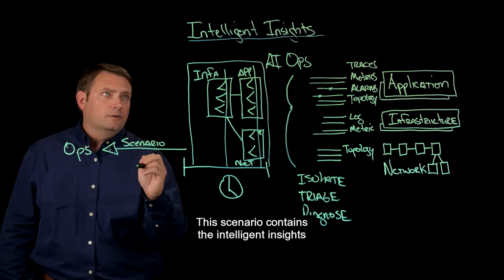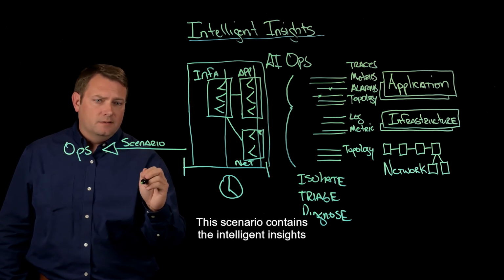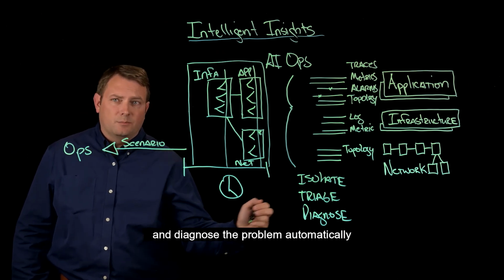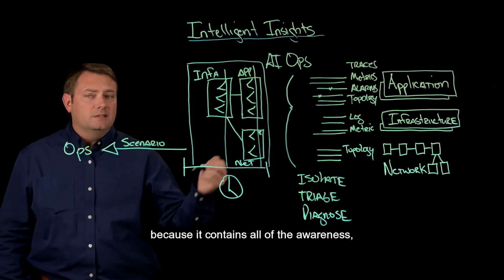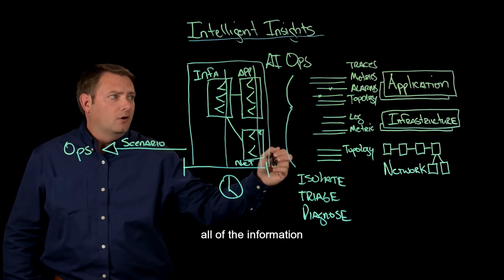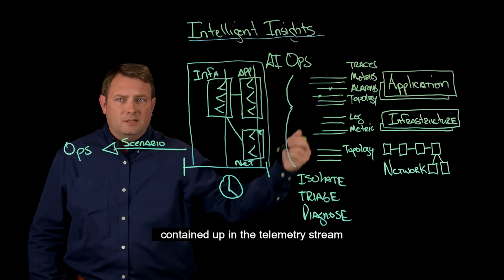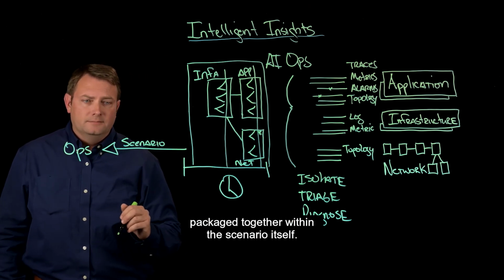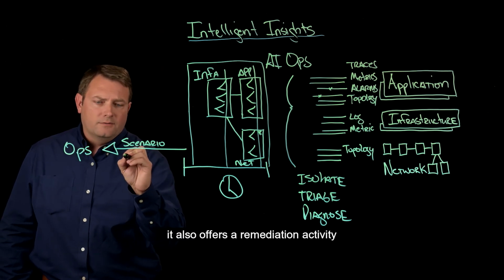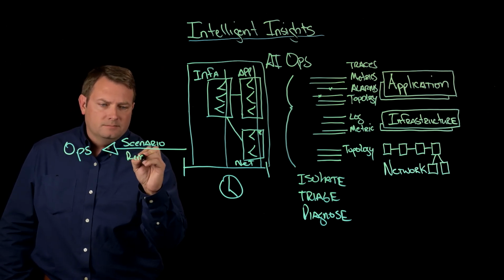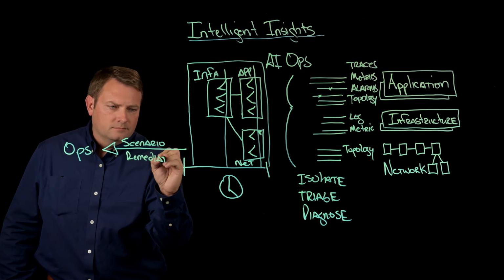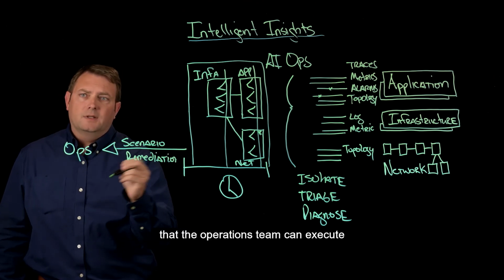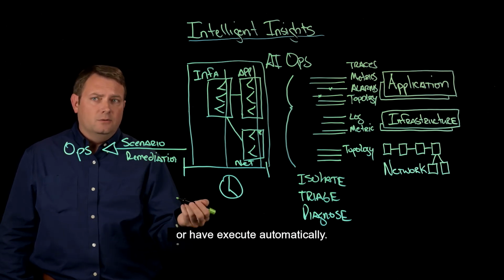This scenario contains the intelligent insights that allow the user to isolate, triage, and diagnose the problem automatically, because it contains all of the awareness, all of the information contained up in the telemetry stream packaged together within the scenario itself. In addition to this, it also offers a remediation activity that the operations team can execute or have execute automatically.